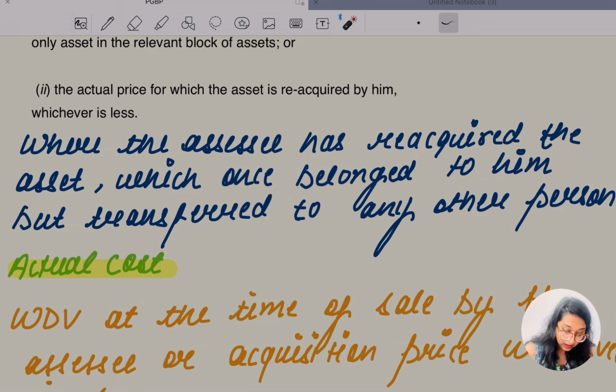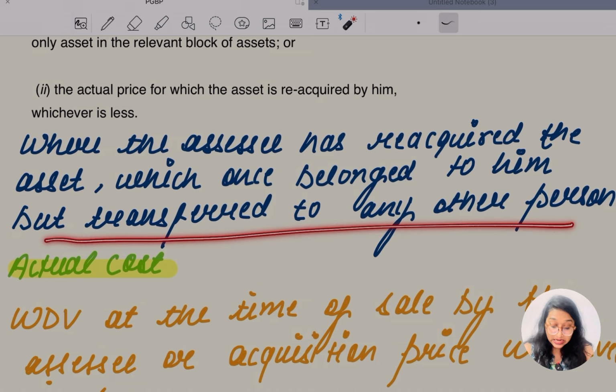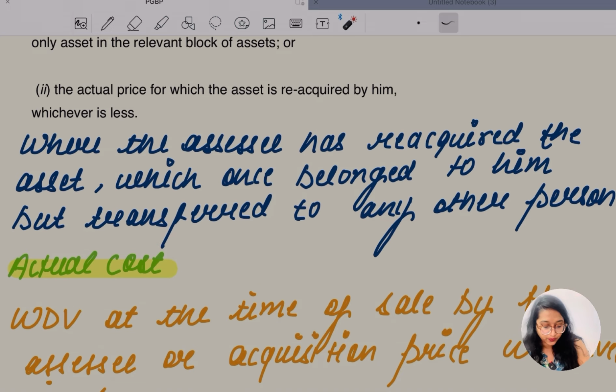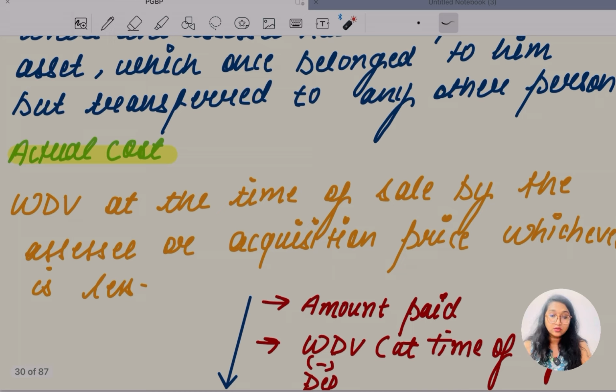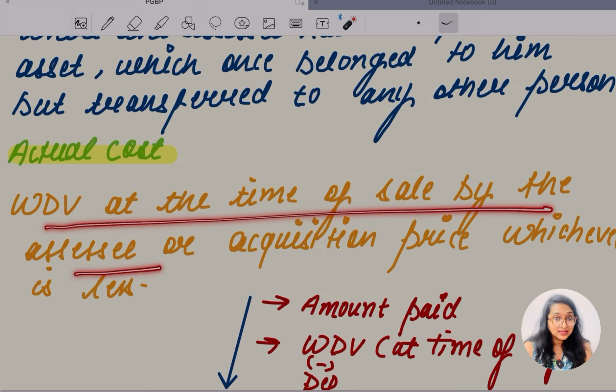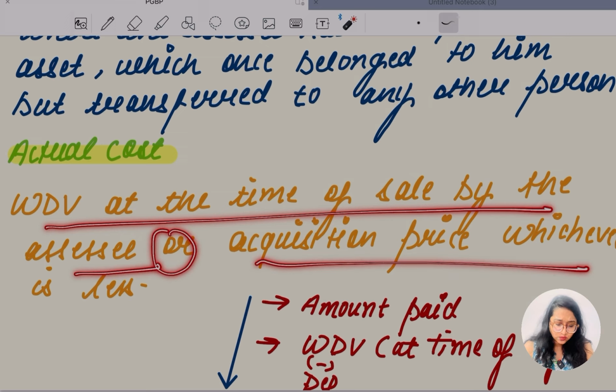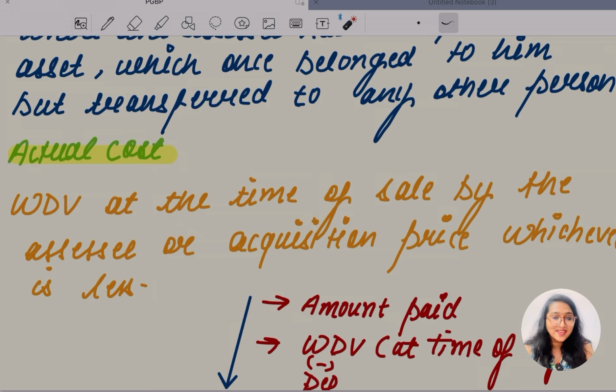But transferred to any other person also. In this case the actual cost of asset is going to be WDV at the time of sale by the SSE, or the acquisition price, whichever is less. Okay, so if it is reacquired by the SSE, in this case two situations arise.